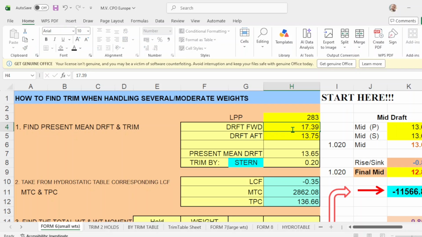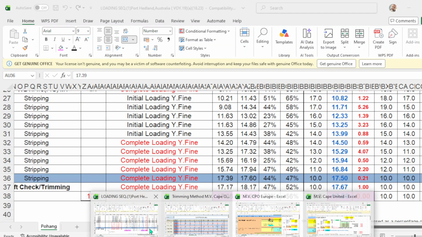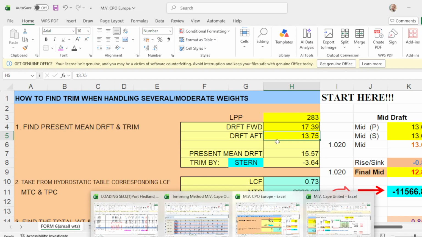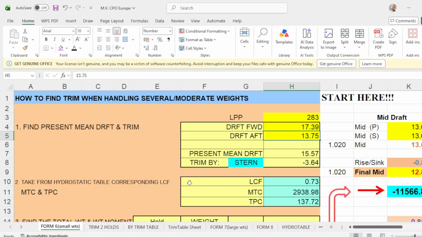And up drop is 1760. Put here 1760. Take note of your main drop is 1750 and trim is 0.21.